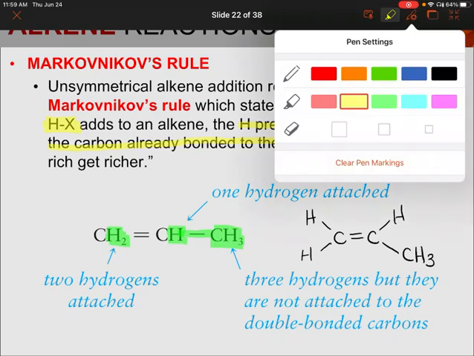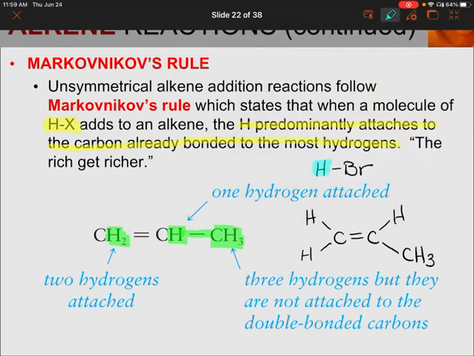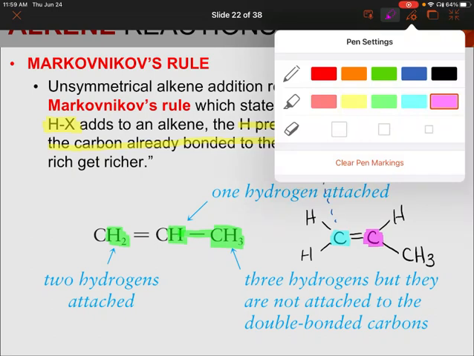So our hydrogen is going to add to the side that has more hydrogens. In this alkene, that would be the left side, so it's going to attach to the left side. Bromine is going to attach to the side with less hydrogens, so that would be the other carbon in the double bond.